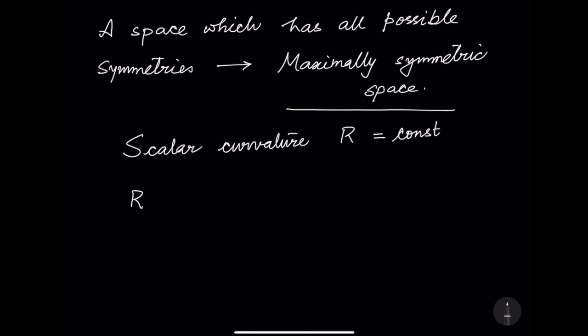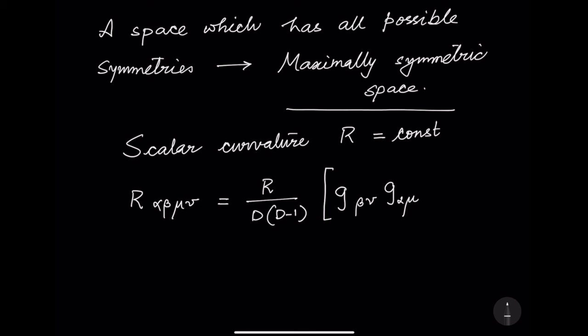The Riemann tensor, which one likes to write as alpha, beta, mu, nu, in a maximally symmetric space is very simple. It is given this way, for d dimensions: g alpha mu g beta nu minus g alpha nu g beta mu, times a constant.